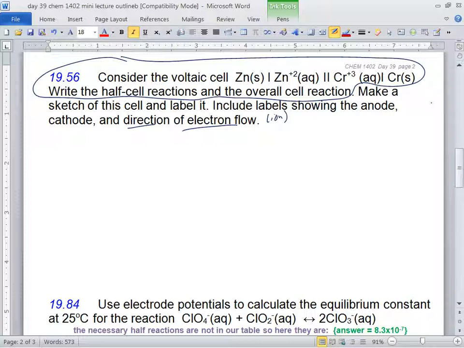If you get it, go on to 84, because the answer's even there on 84. Number 56 I don't think is so bad. Just line up your arrows to make sure it's going well.